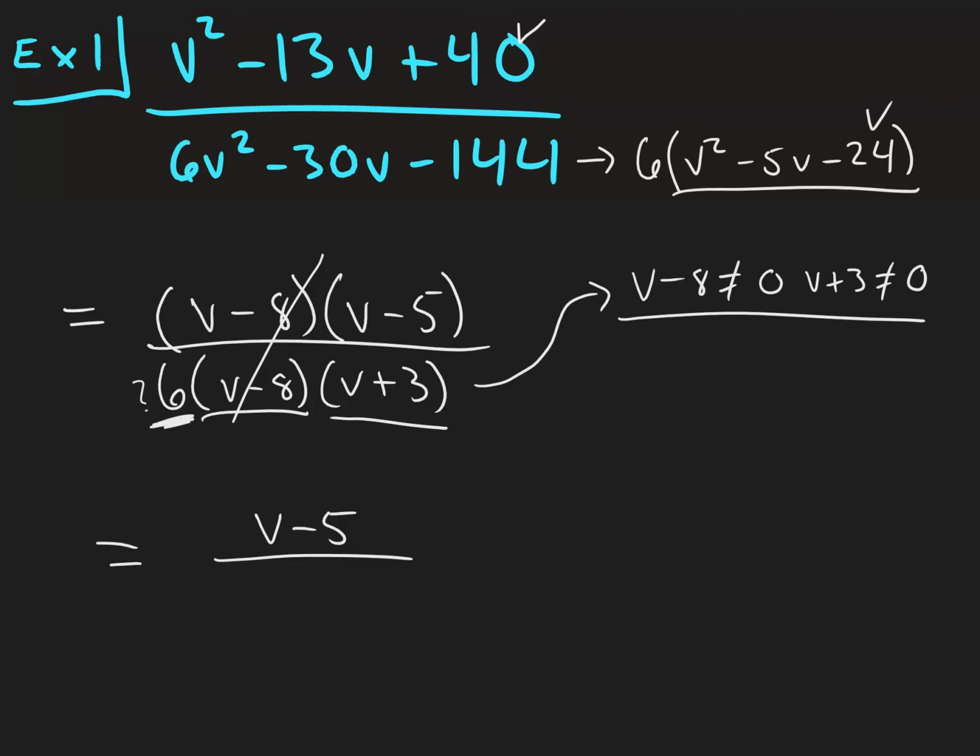So my denominator, what's left here is 6 times v plus 3, which means that our denominator, once we actually multiply these two together, is going to look like 6v plus 18. So this is our simplified expression, v minus 5 over 6v plus 18. But we must also include a warning about our excluded values. So we'll write where v cannot equal negative 3 or positive 8.